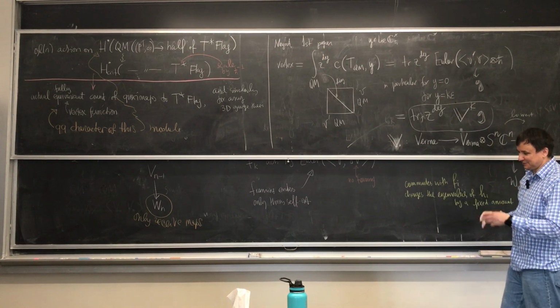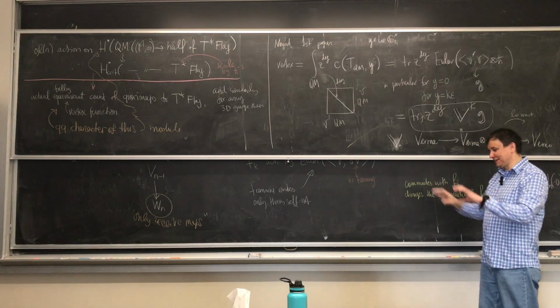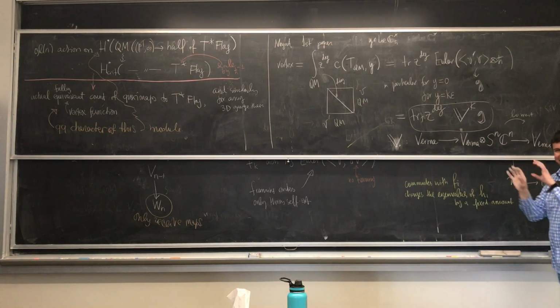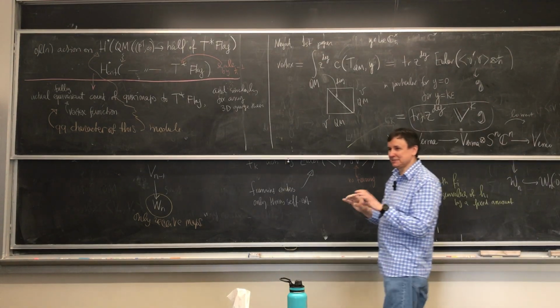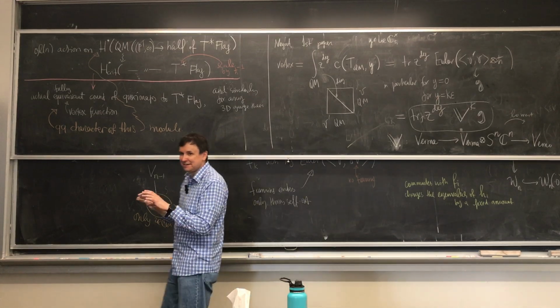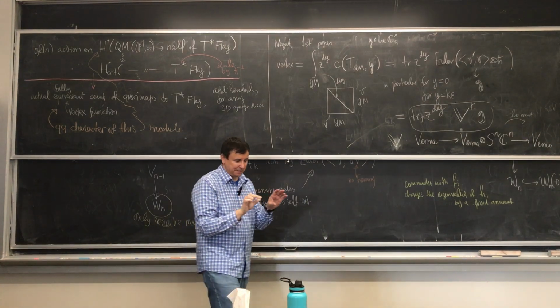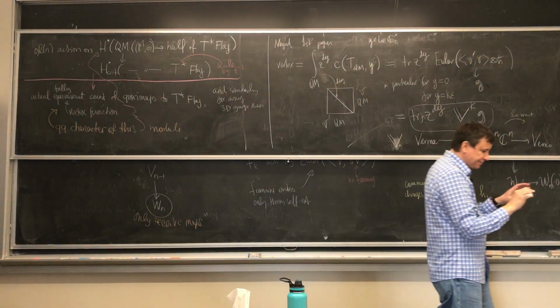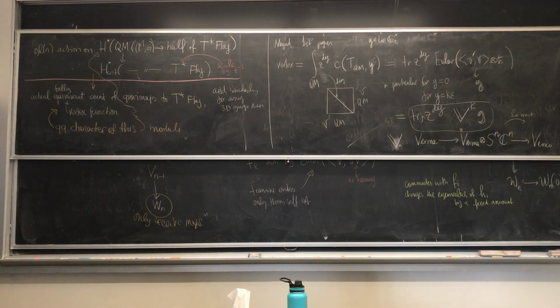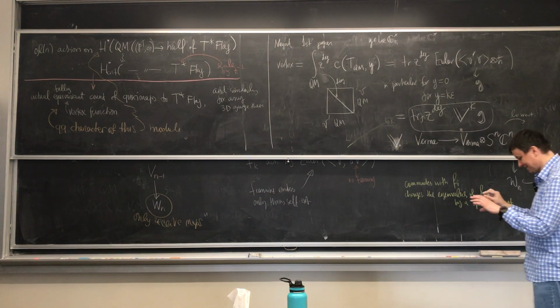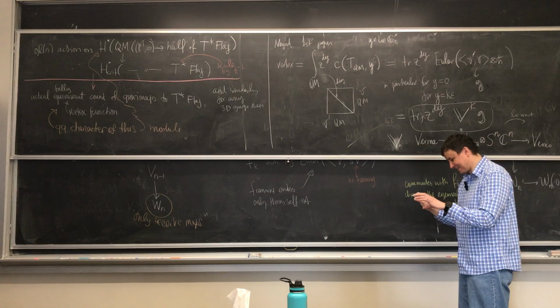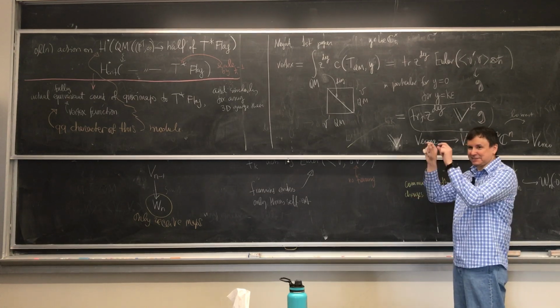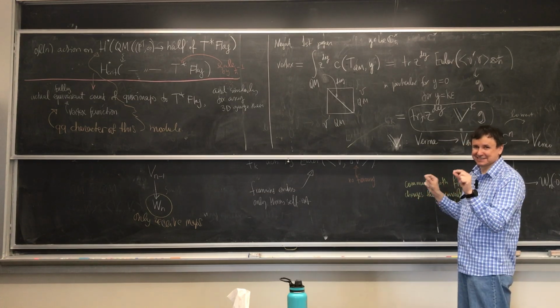Because if you're tracing over some space, only diagonal matrix elements matter, and diagonal matrix elements have to preserve the weight.